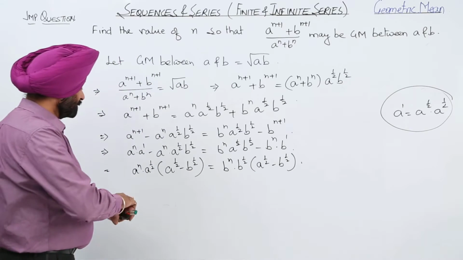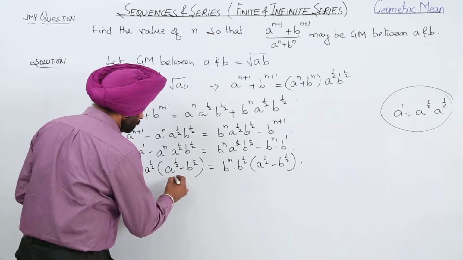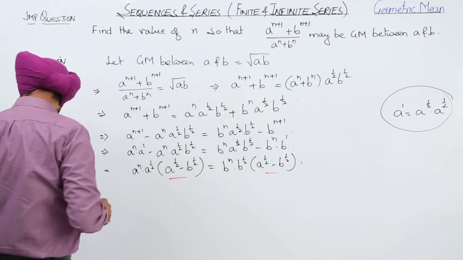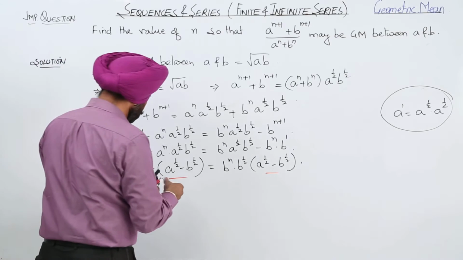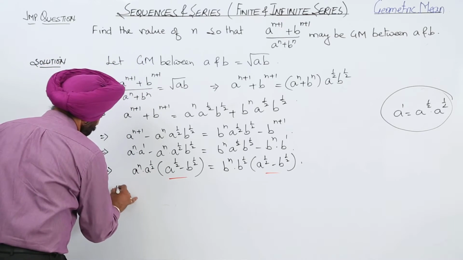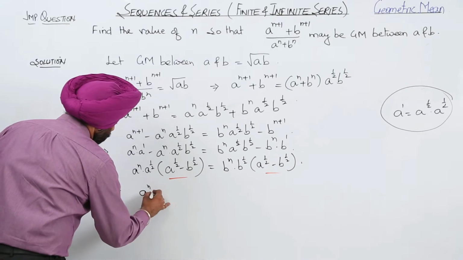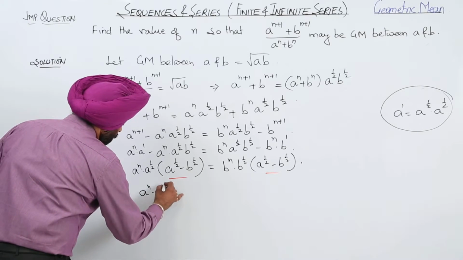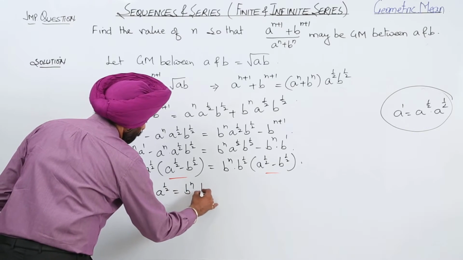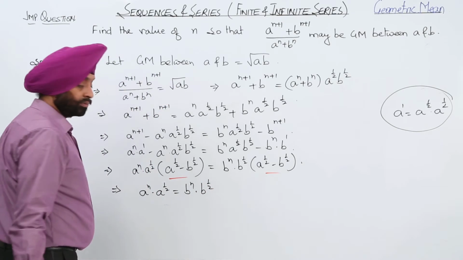Now we can just cancel these two terms. Okay. So what is left then? We are left with a^n · a^(1/2) is equal to b^n · b^(1/2).